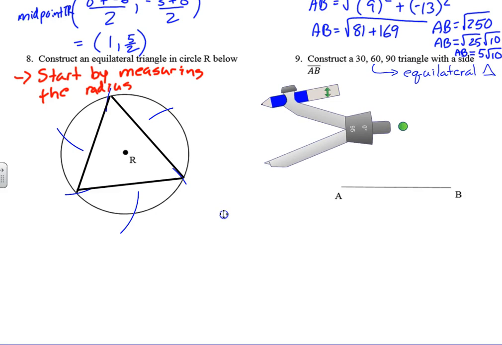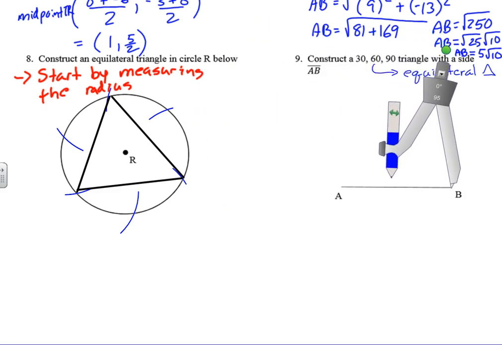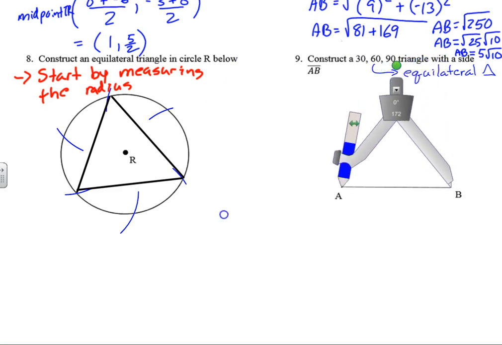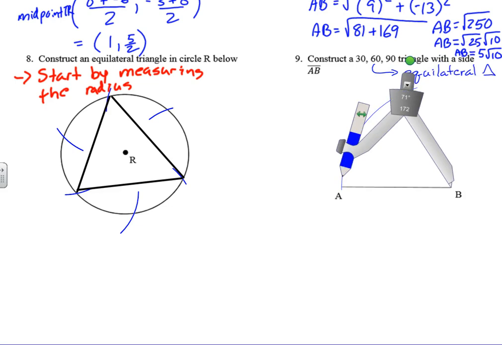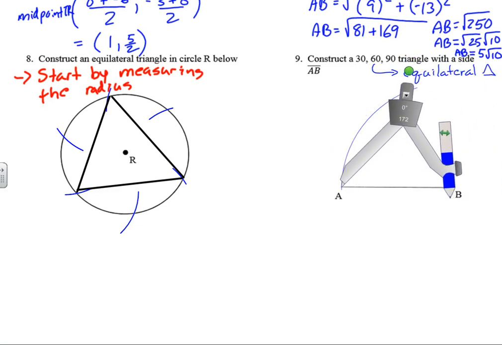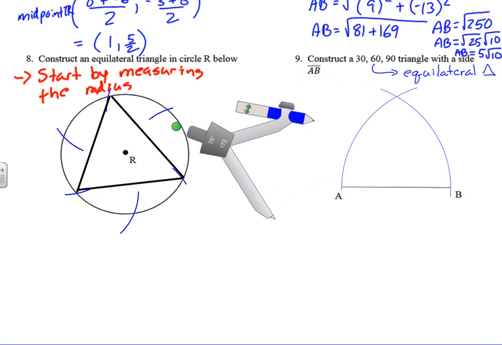So if I come over here and I measure AB with my compass, and I come up here, and then I do the same thing on the other side, that intersection point will create an equilateral triangle.